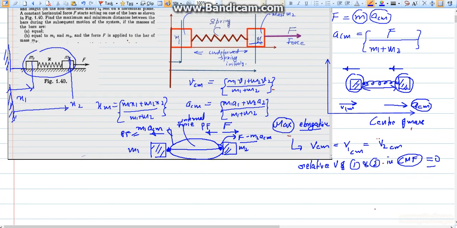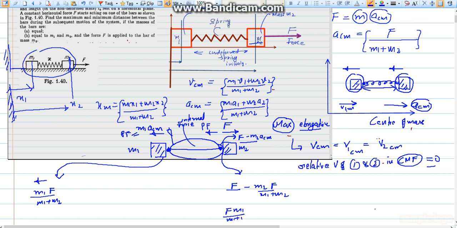So the force at this end is m1 F upon (m1 + m2), acting in this direction, and the force here is F minus m2 F upon (m1 + m2). This is equal to F m1 upon (m1 + m2). So these are the forces acting at the two ends.